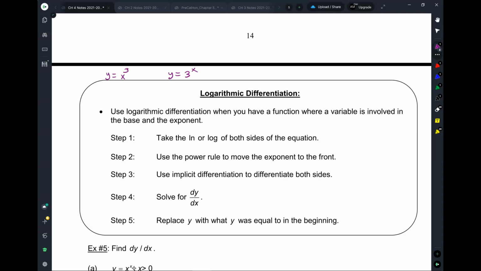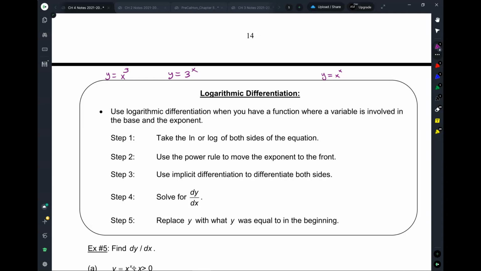Here, you have a variable in the base. Here you have a variable in the exponent. What we haven't done is a variable in the base and the exponent, something like that. And that is what we're going to do right now. This is the biggie of this lesson. This is the one that needs the focus.